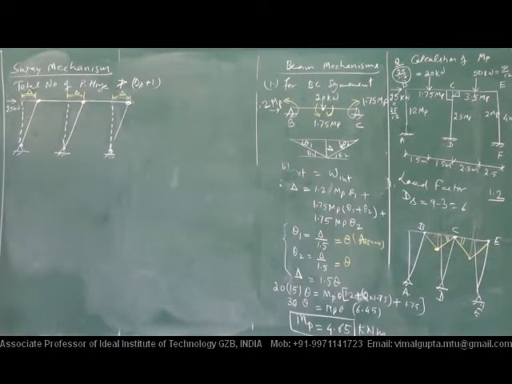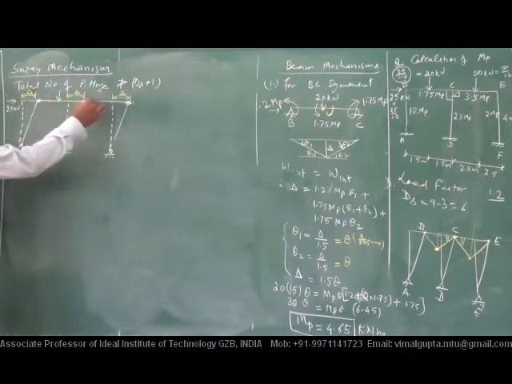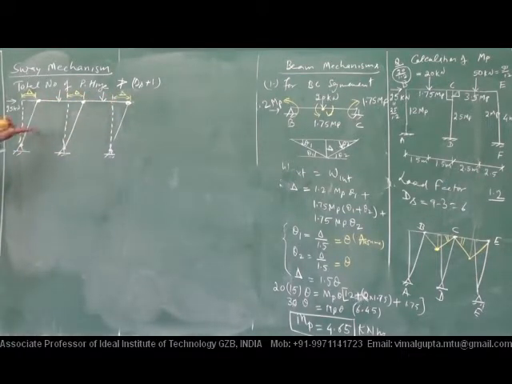The dotted line is the original, and the thick lines are the deflected shape. Where is the load acting? Here, one load is here, another load is here. It is a deflected shape.